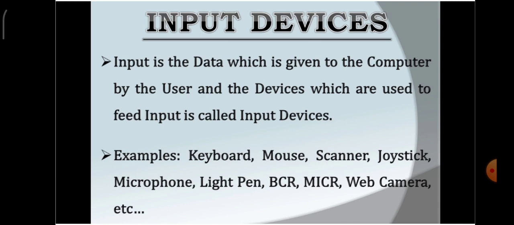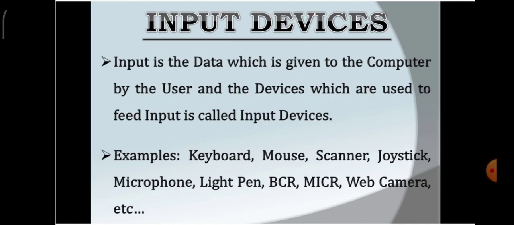Which recognizes is called the device. Example, keyboard, mouse, scanner, joystick. Joystick is used to play the games. Microphone, light pen. Light pen is, instead of using the mouse, if you want to draw images, pictures using a pen kind of a thing, you will use that light pen.